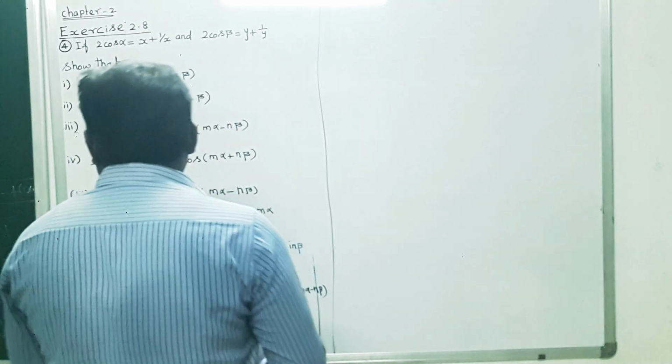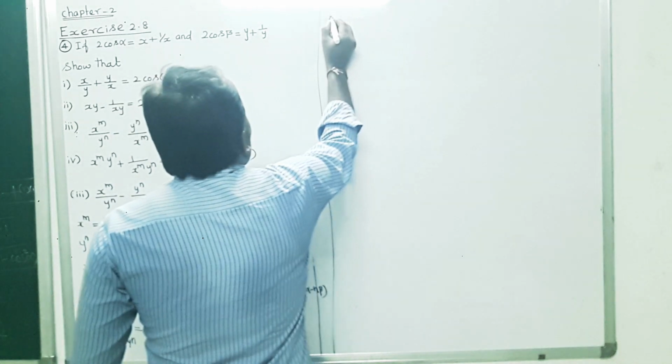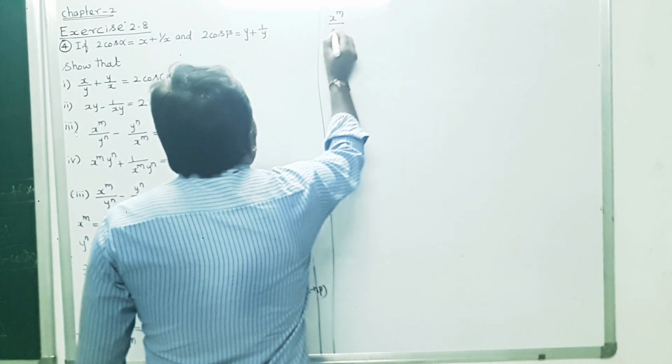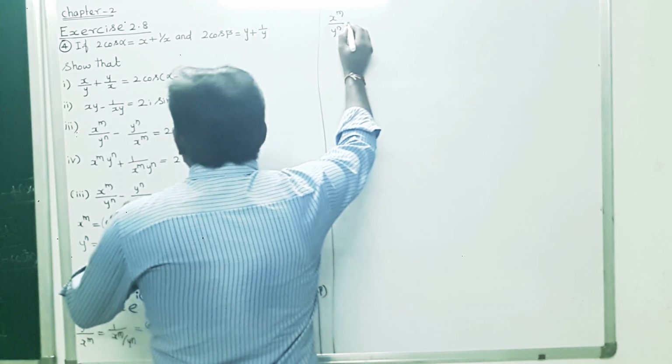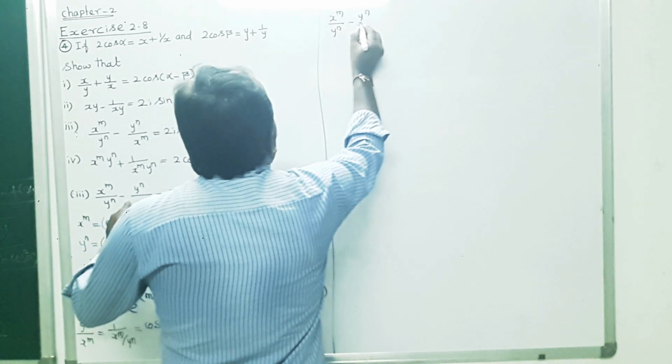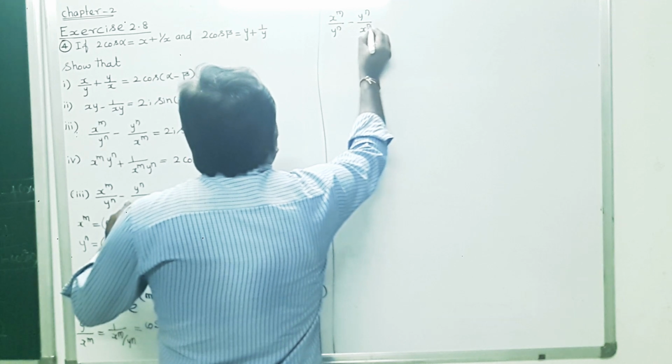Next one, the first result x power m by y power n, next minus y power n by x power m.